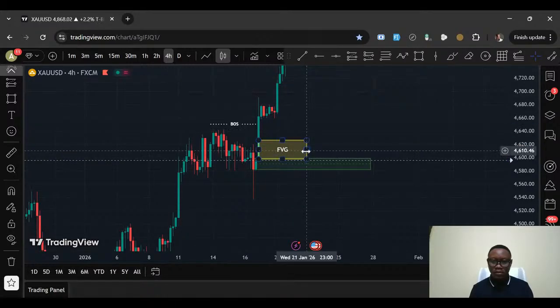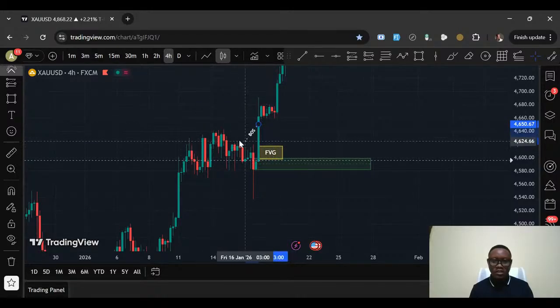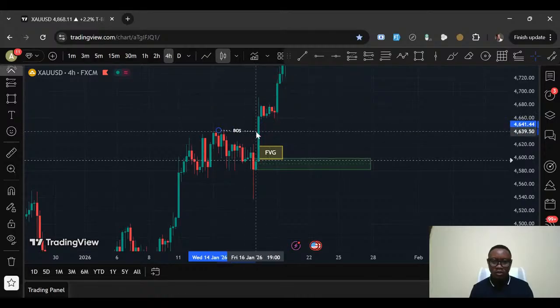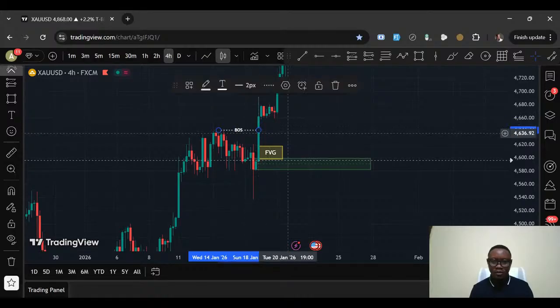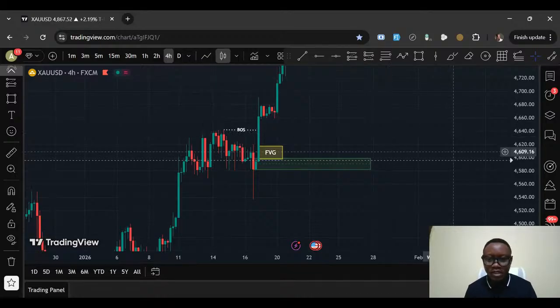There's a fair value gap right here. All right. So let's refine our order block to look more beautiful, more attractive. All right, cool. So this is it.